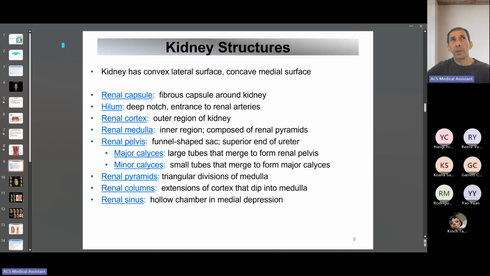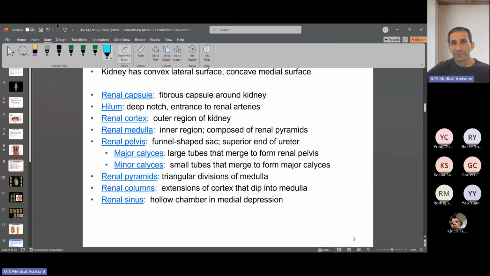Okay, so now we are going to move to explain these internal and external structures of a kidney. So it has lots of structures, as you can see. So we have plenty of them.